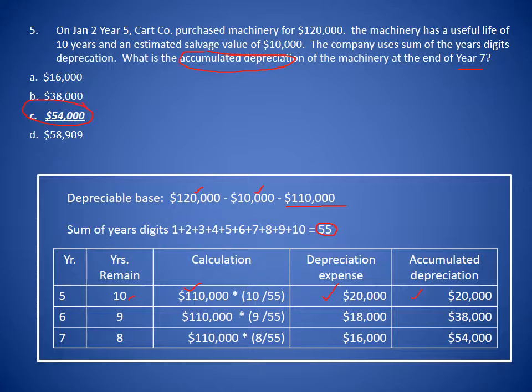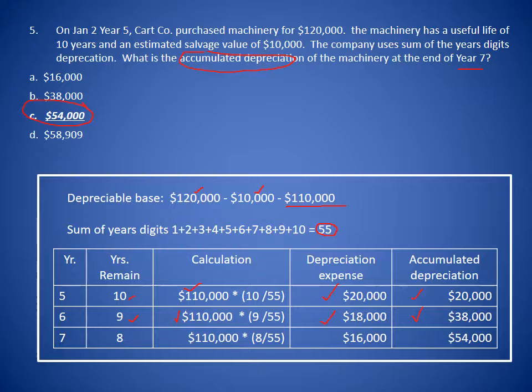In year number 6, we have 9 years remaining, so that's $110,000 times 9/55, and our depreciation expense will be $18,000. We take the $18,000 and add it to the previous accumulated depreciation, and we now have accumulated depreciation of $38,000.